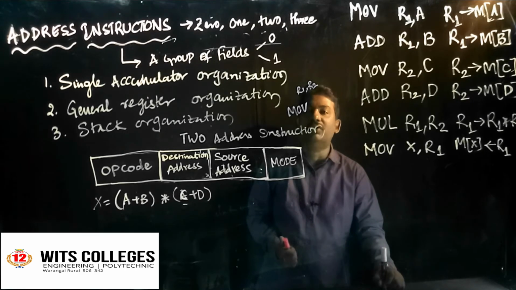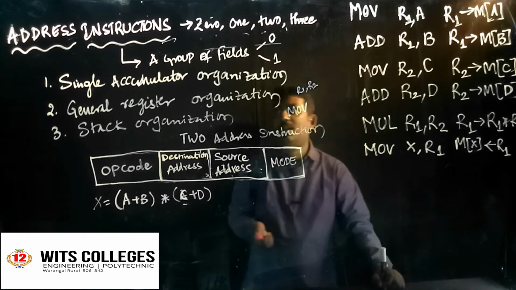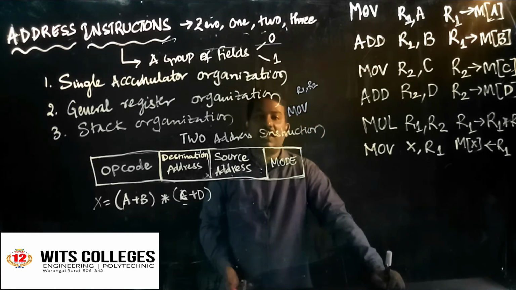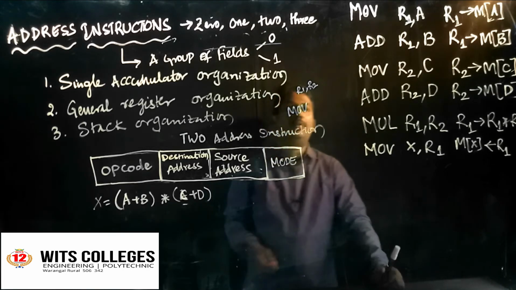So we are going to use registers and memories here. The move instruction is used. This move instruction transfers the operand from the memory to a register or from a register to memory.